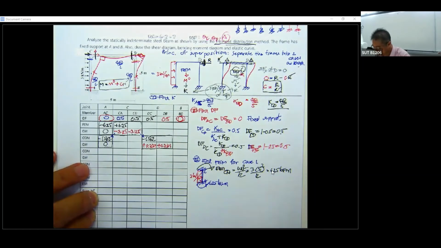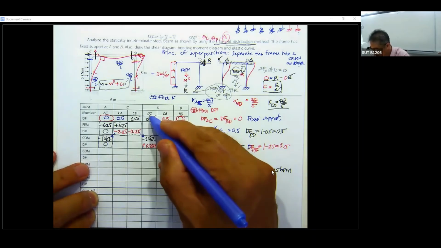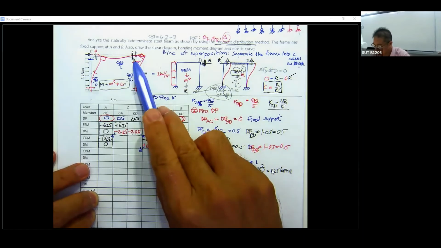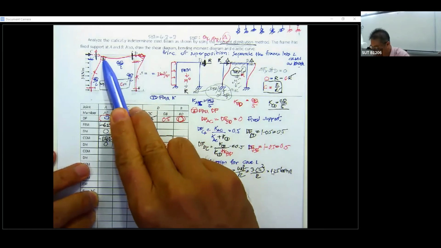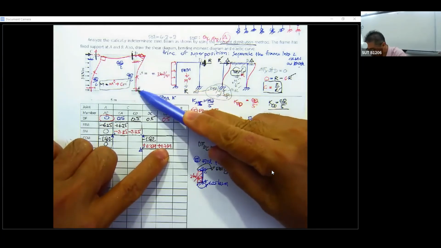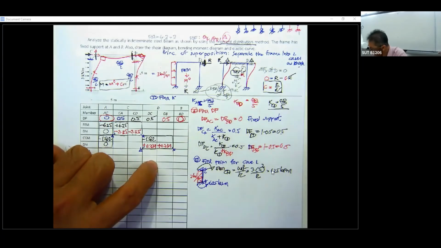Now again there is the moment that's going to cross. See, it's going to cross this one, the boundary here. The DC is going to carry over back to this. The DB is going to carry over to here. So you have this one reduced by a half.